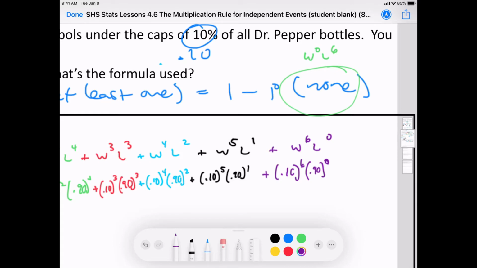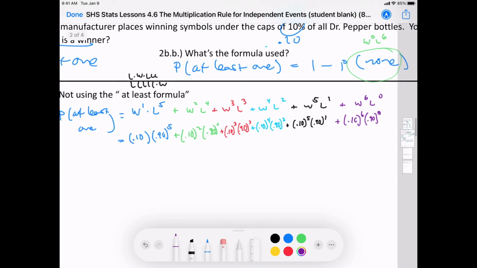Alright, I'm not going to do all of those on the screen. 0.10 to the 0.90 to the 5th power gives me 0.059. Let's just round to the thousandths there.